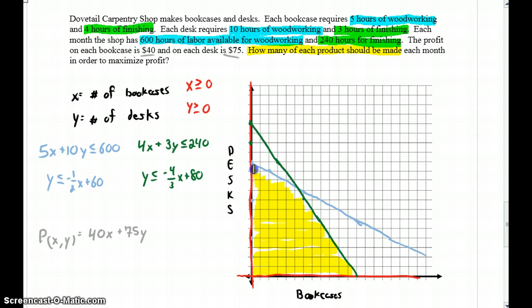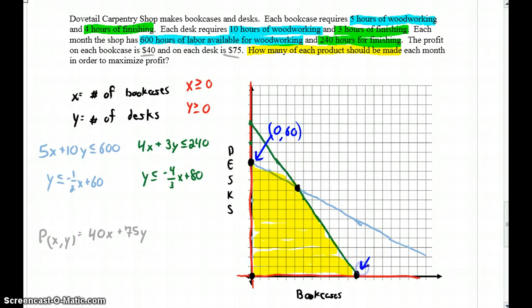Now the key points here are the vertices. I've got this point, one right here, one right there, and one right there. These points come out to be 0, 60, meaning 0 bookcases and 60 desks.